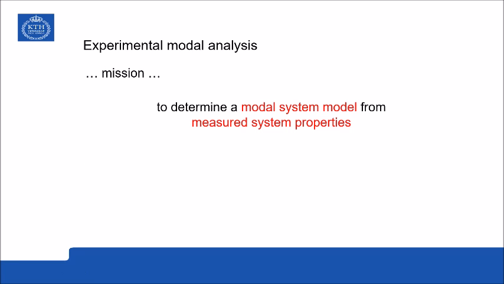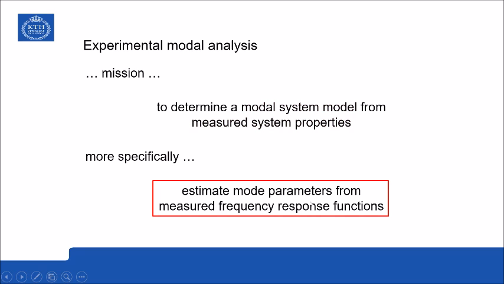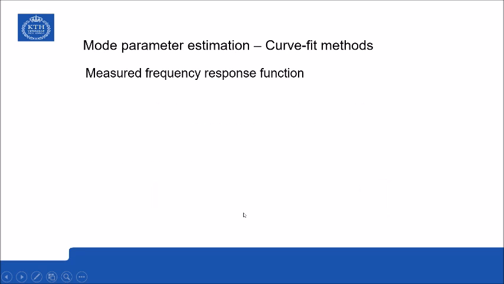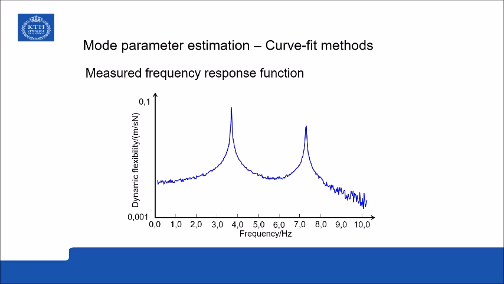So, once again, as is known from several of the presentations in this series, the mission of experimental modal analysis is to determine a modal system model, and we do this from a set of measured system properties, which are measured frequency response functions. If we take a look at a typical example of a measured frequency response function, it may look like this.